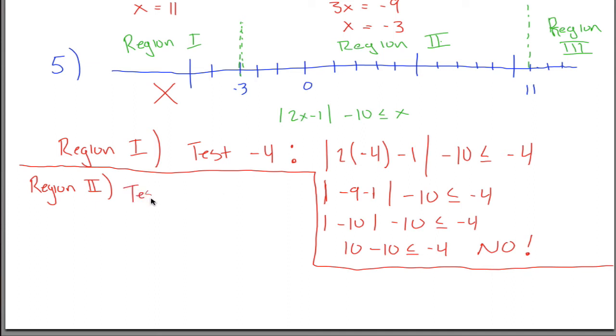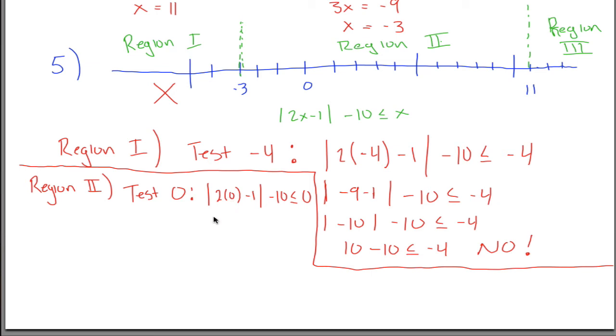So I'm going to test 0, although you can test whatever you want. If I do that, I would get the absolute value of 2 times 0 minus 1, minus 10 has to be less than or equal to 0.